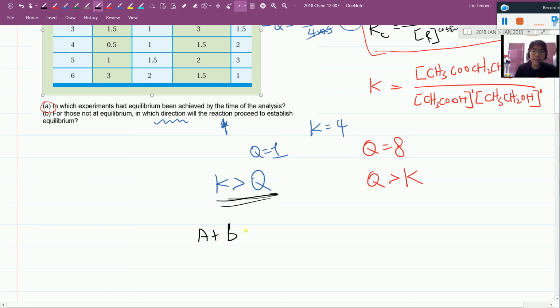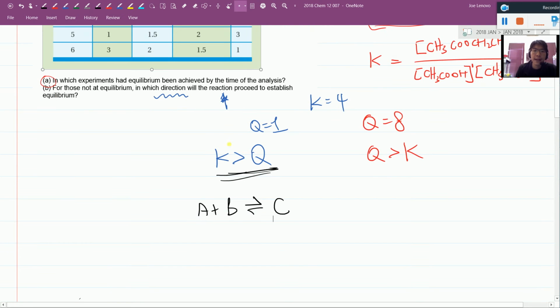Let's say A plus B becoming C. If K is bigger than the stage, what does that mean?